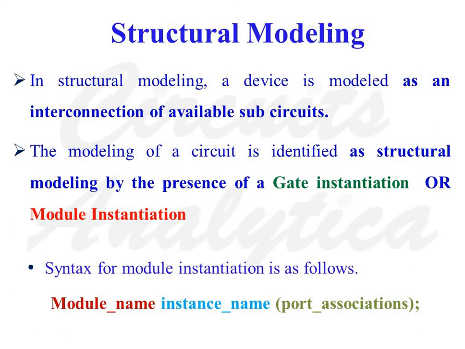We have to use that name as the module name. Then instance name is the label given for that module for identification purpose. And then as the next step, inside the bracket, we have to specify the ports or signals which are connected to the sub-circuit.